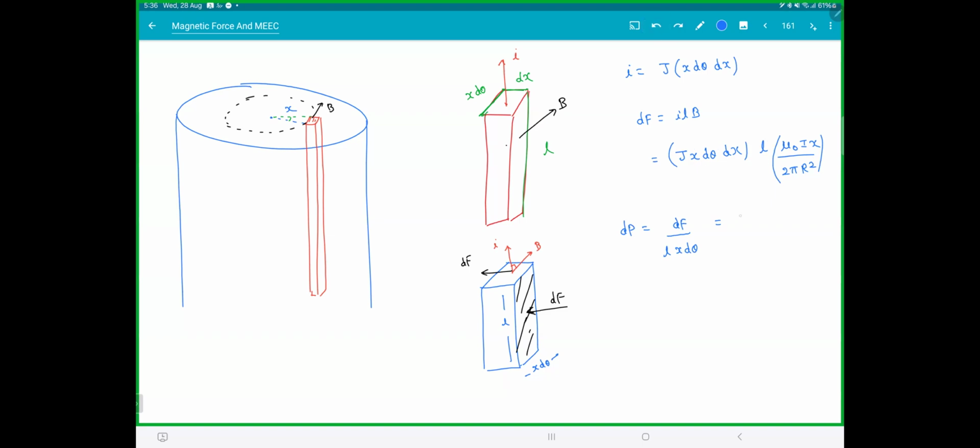So you'll be left with J dx μ0 I x by 2π r². Theta is also gone. Yep. J into dx into μ0 I x by 2π r².